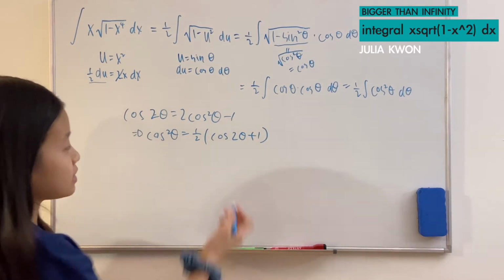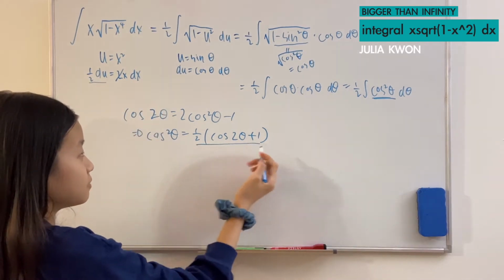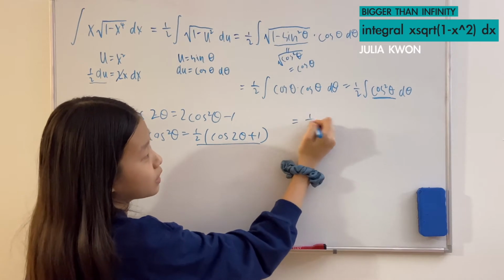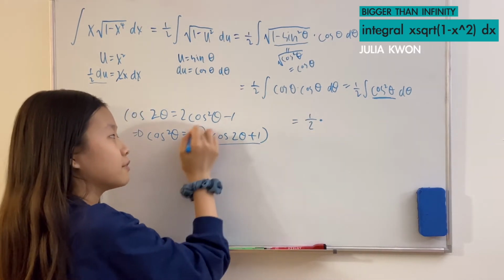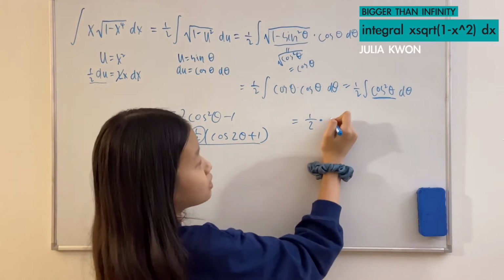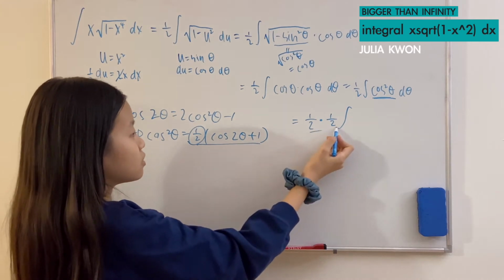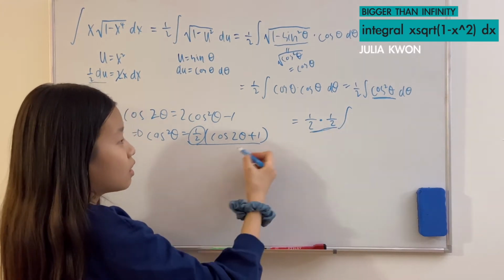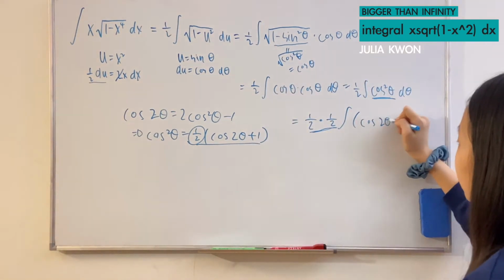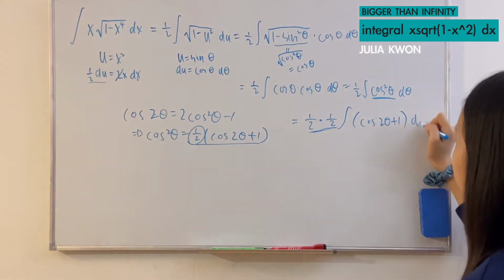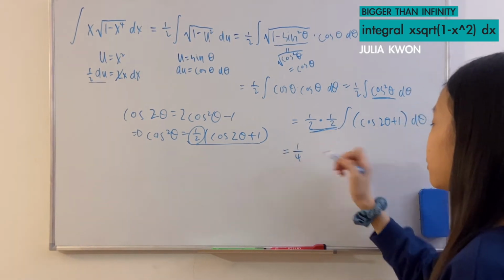We're going to replace cosine squared theta with what we got here, and we'll get 1/2 times 1/2. This 1/2 can also go in the front of the integral since it's a constant, and multiply these two with the integral of cosine 2 theta plus 1, and this is just 1/4.